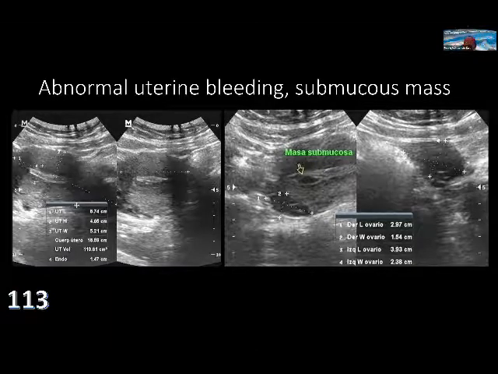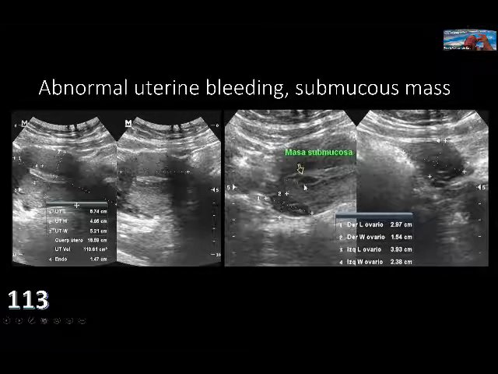A patient with abnormal bleeding and a really small submucous thing. See how the endometrial lining is interrupted here. The ovaries.